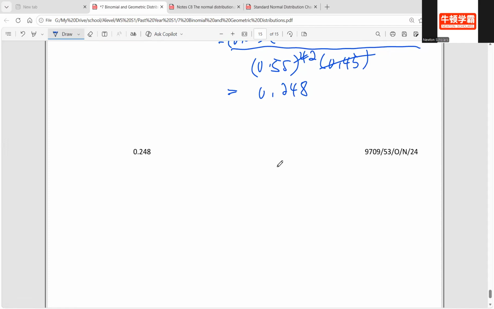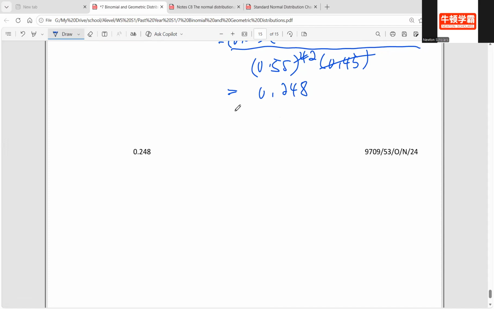So this is all about binomial and geometric. You can see that from this past year, the question can be mixed around. Whatever you already learned in S1 can be joined. So for this type of question, you have to be very careful. When you read the question, you shouldn't think that question 5 is about geometric and everything is geometric.